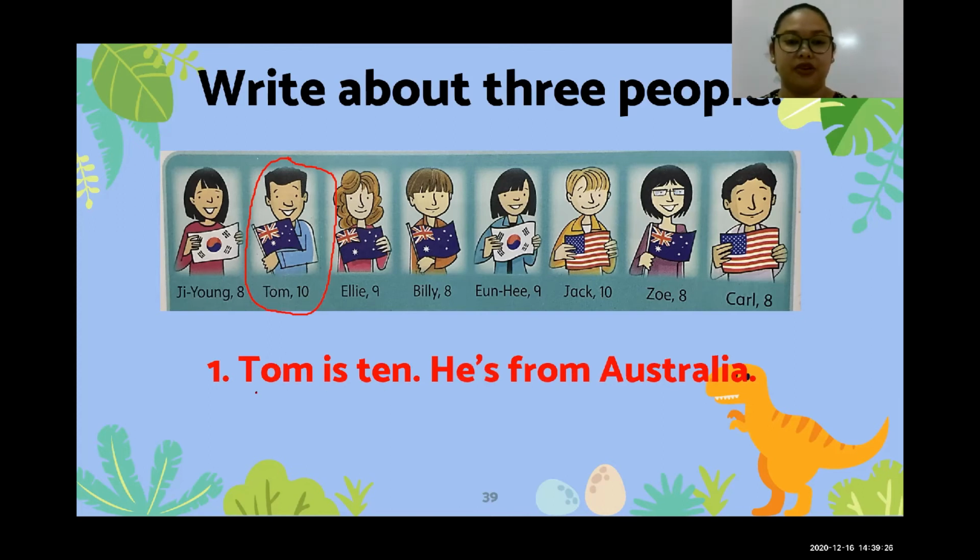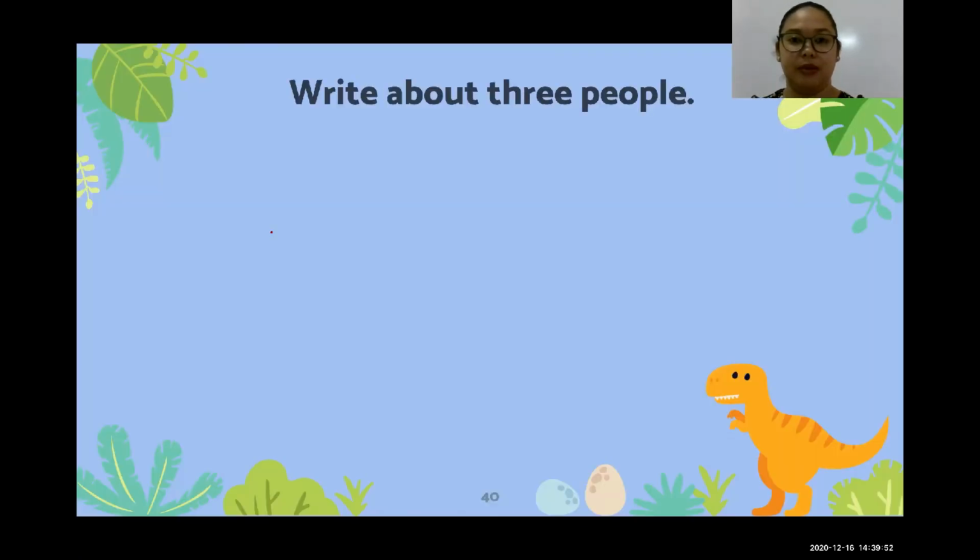So write about his age. He's 10 years old. And write about the country where he comes from. He's from Australia. Tom is from what country? Australia. Okay, so let's proceed to number 2.